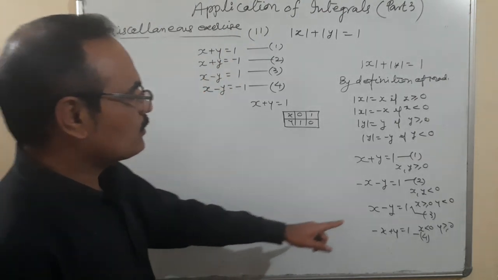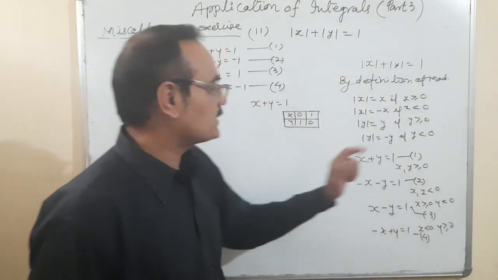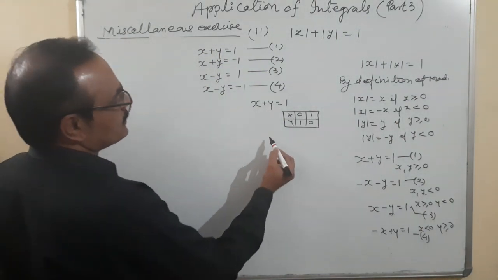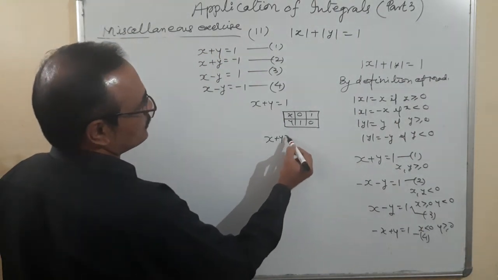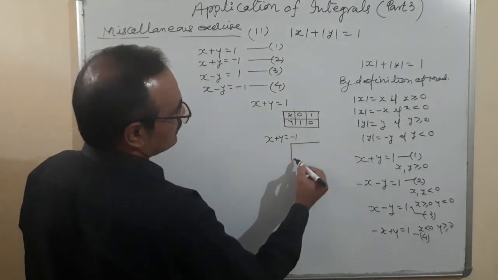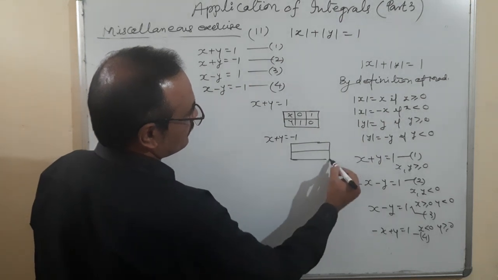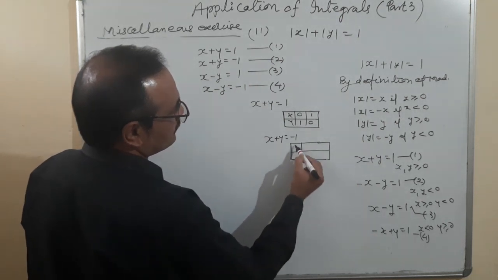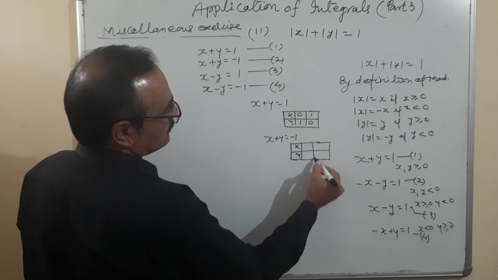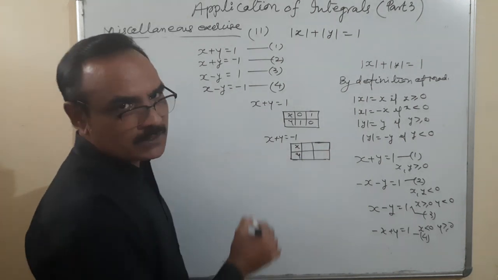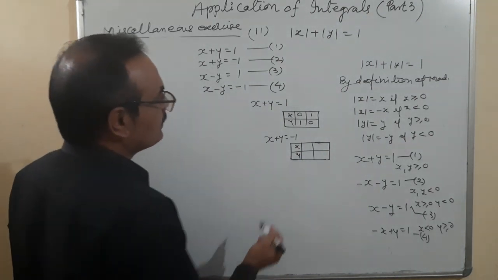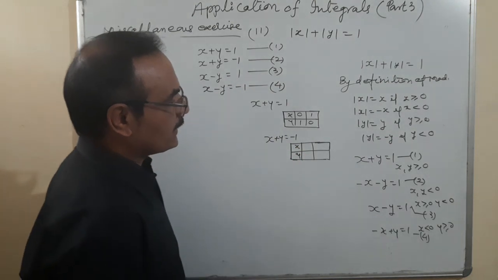X plus y is equal to minus 1. In the second case, x and y both are negative. So I am taking here x plus y is equal to minus 1. For this, the table is, because both are negative, just for knowing what the position on the graph paper is. So x, y, where we are taking both as negative.